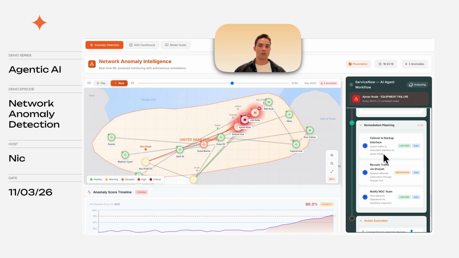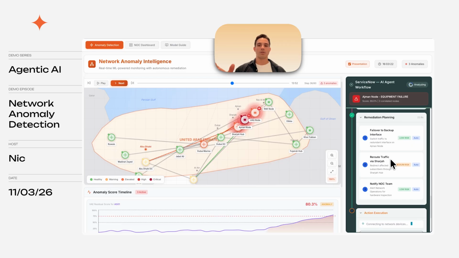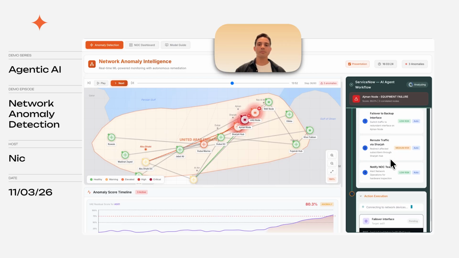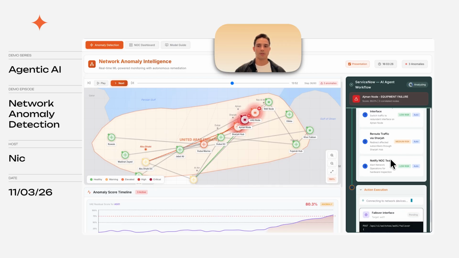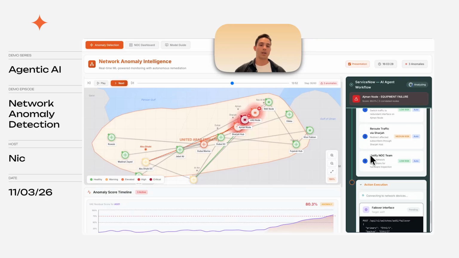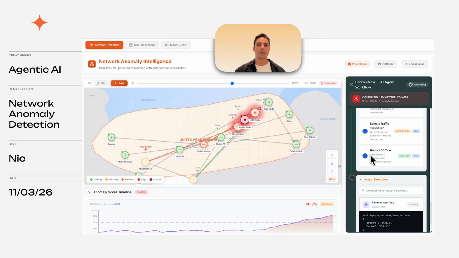We need a failover to a backup device, so switch the traffic from these 2 edges to another 2 edges, reroute traffic, which is obviously part of the first point, and then notify your NOC team, right? So then actually raise a ticket.